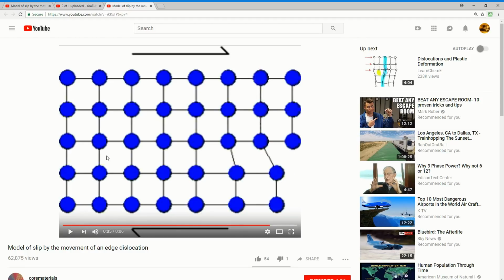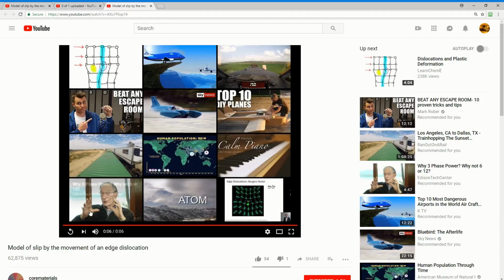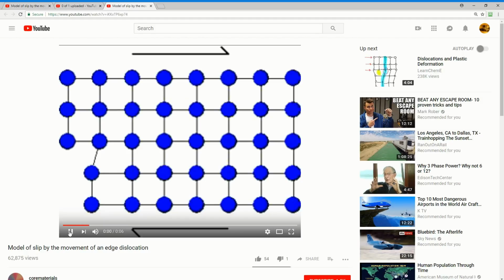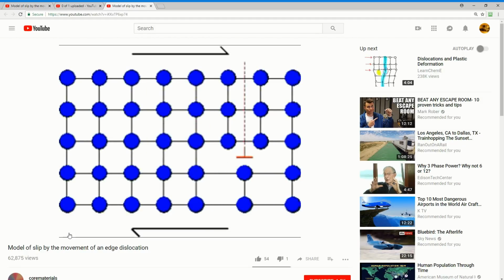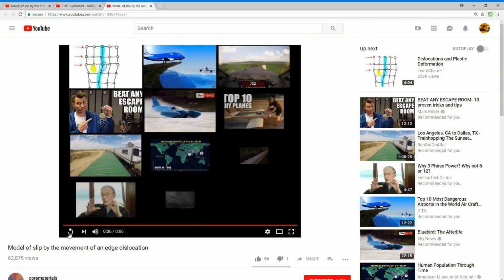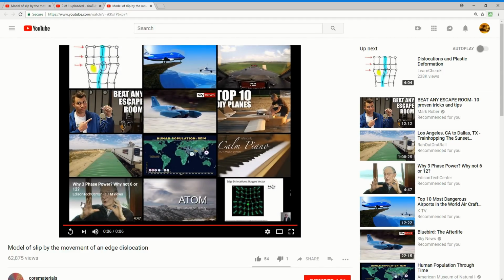Notice how bonds are breaking and then reforming as the plane moves through the lattice, kind of like an inchworm moves. This dislocation line moves through the lattice, and it only has to break one plane of atoms.